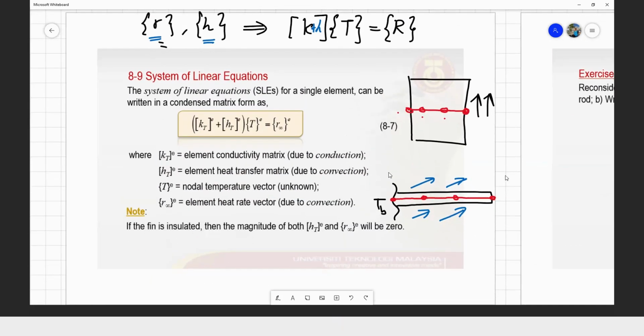The appearance of the equations looks slightly different, but the concept is still more or less the same as the plane wall. So to avoid confusion, don't use the plane wall equation here. Use this equation straight away.